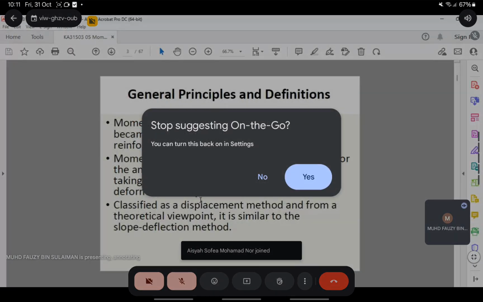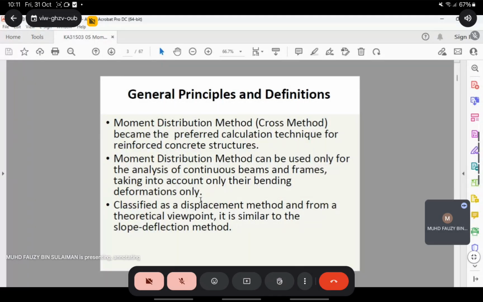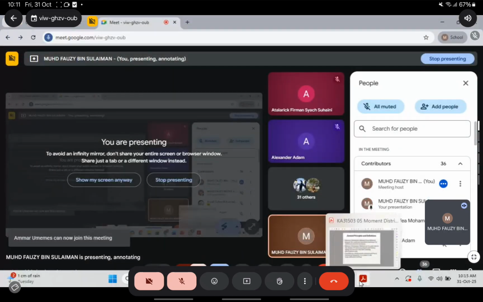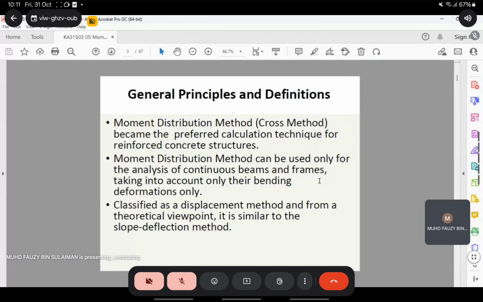So basically, the moment distribution method is what we call the cross method, the cross method for RC. Why is it only applied for RC? Because for RC, we can only design for fixed support.